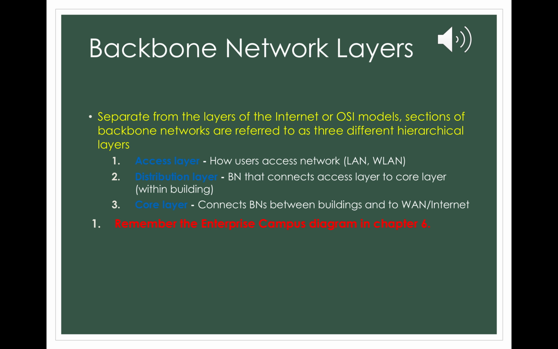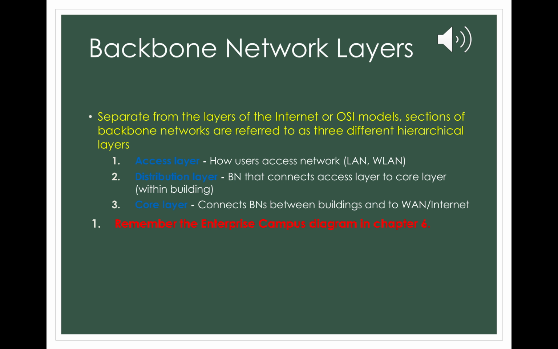Before we discuss the backbone network layers, I want to make it really, really clear that these layers are not the same thing as the layers in the internet or the OSI models. These are sections of the backbone networks, and they're referred to as different hierarchical layers. They're not the same thing as the OSI model or the internet model, so please don't confuse the two.